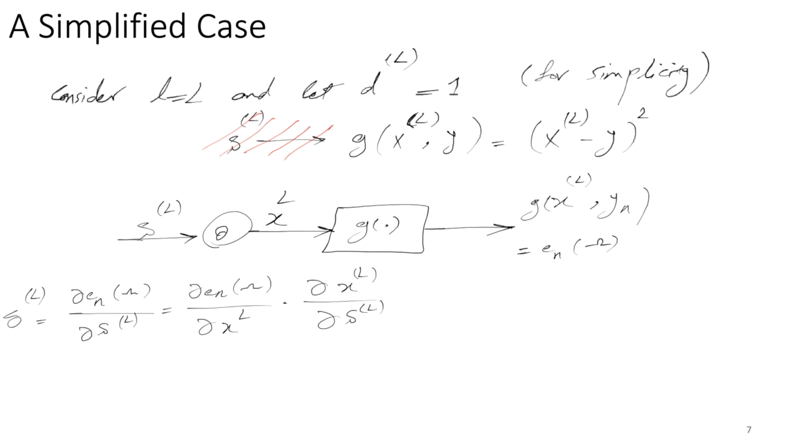So delta capital L would be the partial of E_n omega divided by the partial of S_L, because we are only here. We want to see how this error was affected by changing the previous value, and the previous value was coming from this, right?